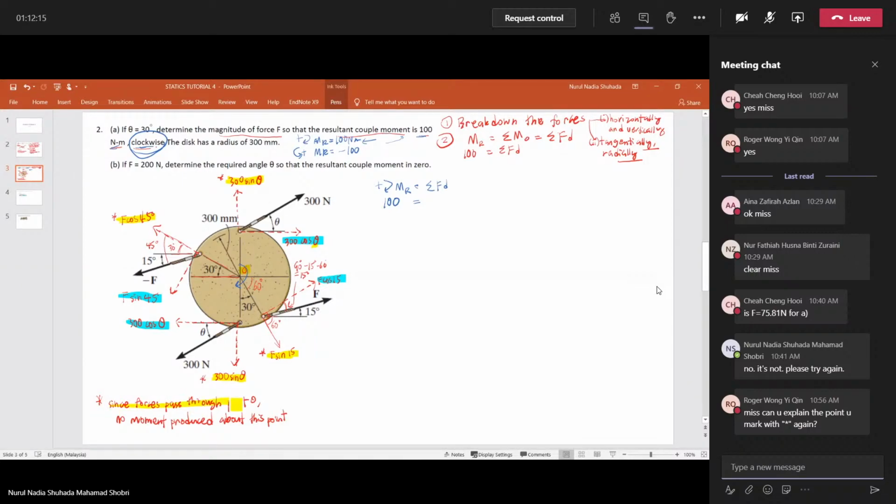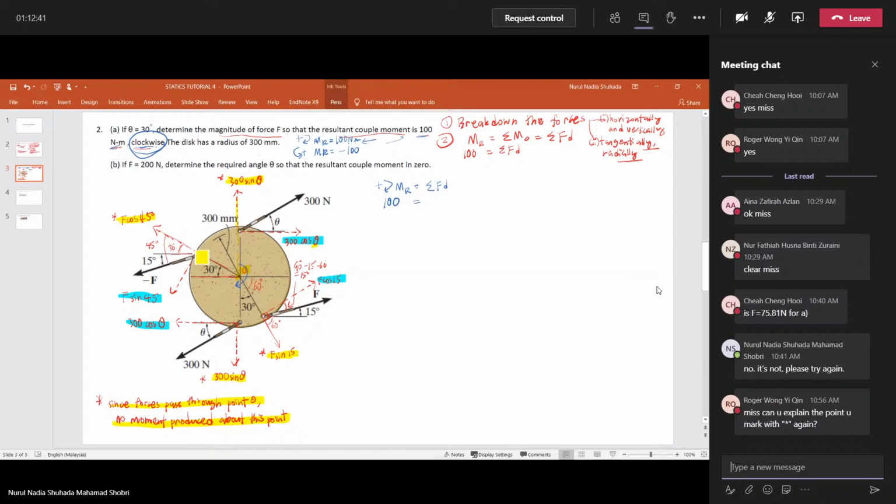If the forces pass through the point O, no moment is produced at this point. So there's no meaning you put into the equations, because the value is zero. You don't have to put this one into the calculation, because it actually passes through the center point, the rotation center.